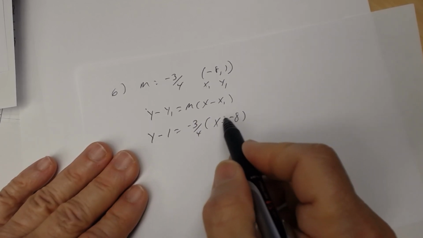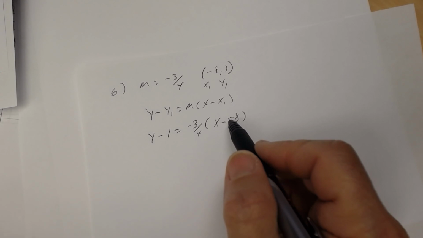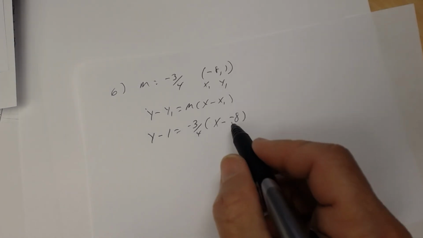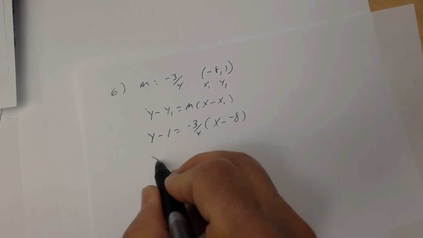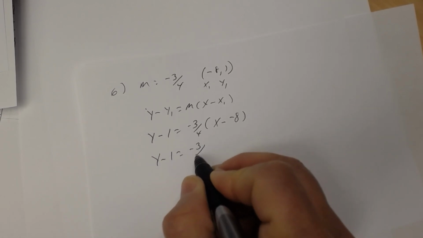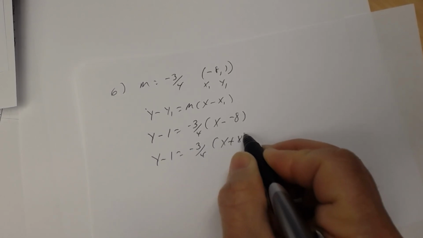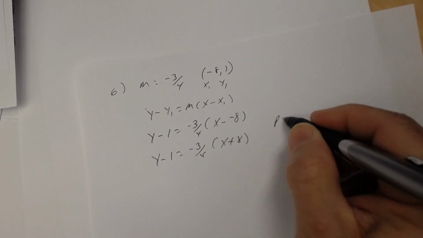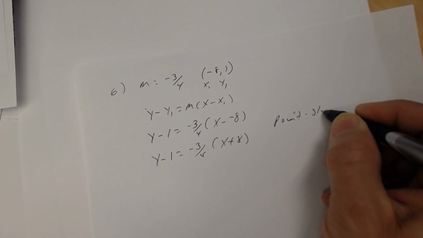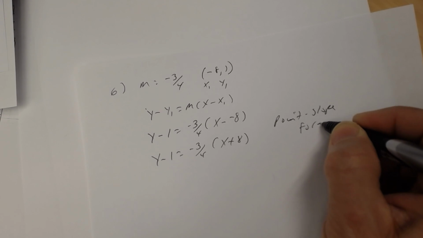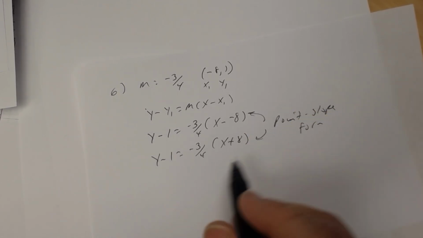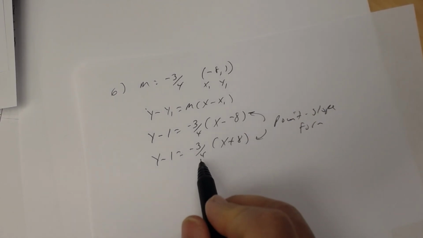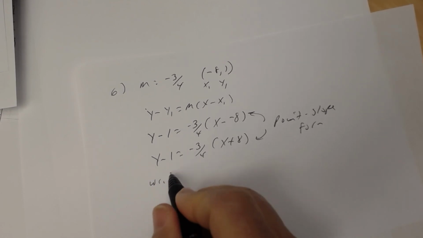Now remember, when we have subtracting a negative, rewrite it as an addition problem. So this is x plus 8. So y minus 1 equals negative 3/4 times x plus 8. All right, now that's point slope form. What we did was write this in point slope form. Now this one here, I'm going to write in slope-intercept form.